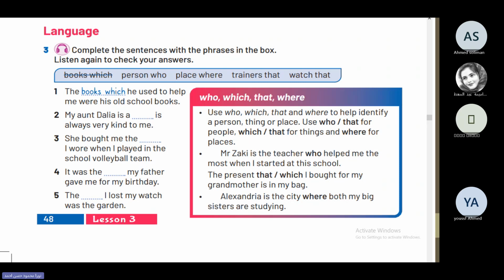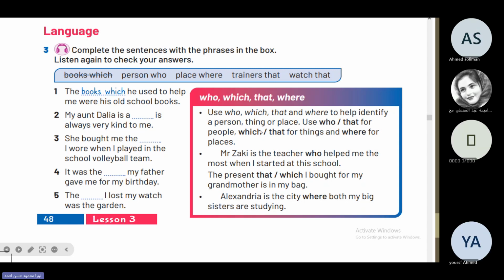The present that or which I bought for my grandmother is in my bag. What about the last one? Alexandria is a city. So this is a place. It's a city, right? Where both my big sisters are studying. One more time, who and that for people, and we can use which and that for things, where for places. Do you notice here that the word that, we can use it with people and we can use it with things.